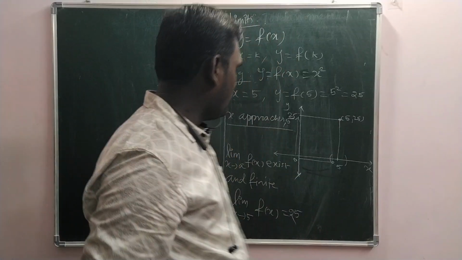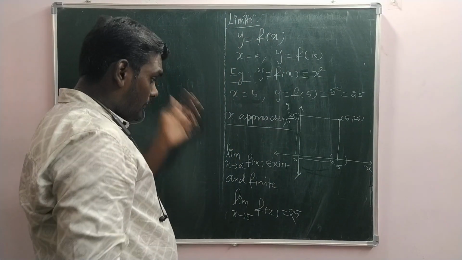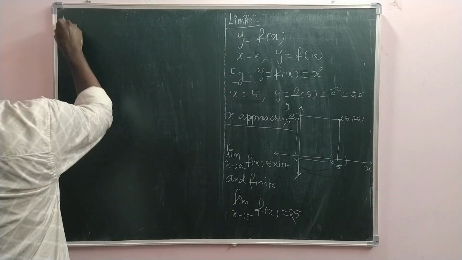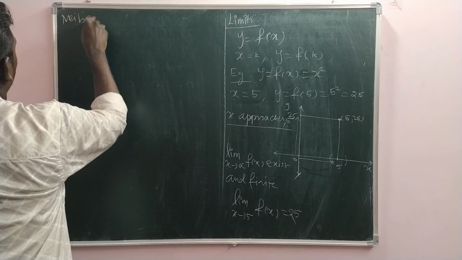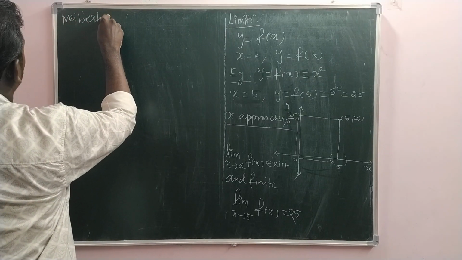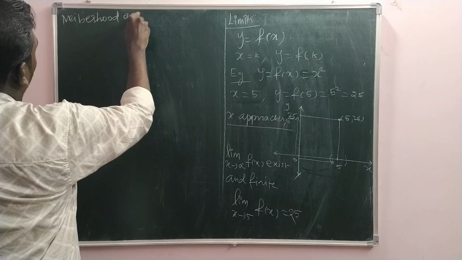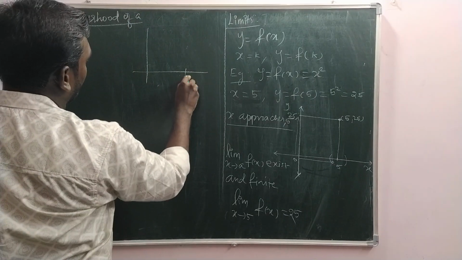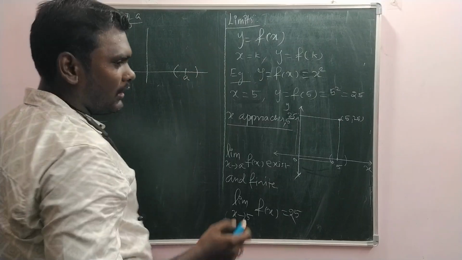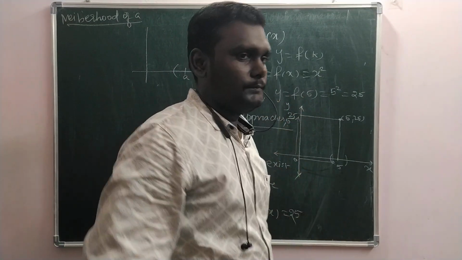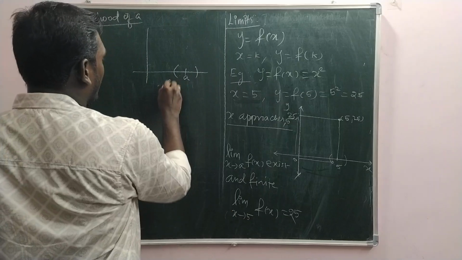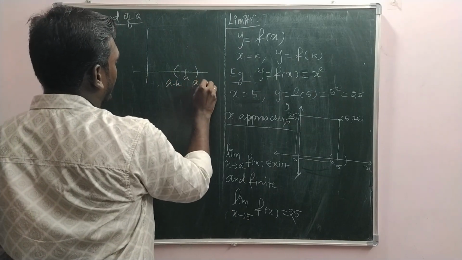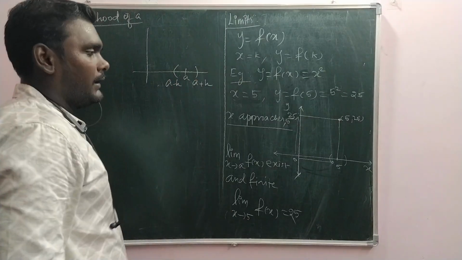Okay, how it works means we'll have a neighborhood. Neighborhood of a point A means here one point A, and all the points near to it are called the neighborhood. Like a small distance, a minus h and a plus h, we will take.